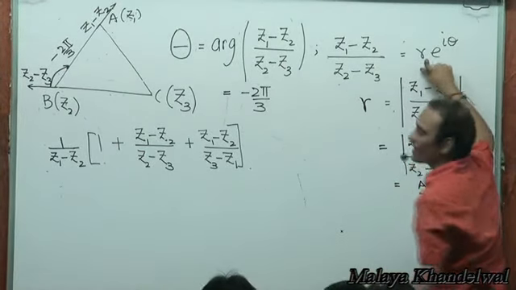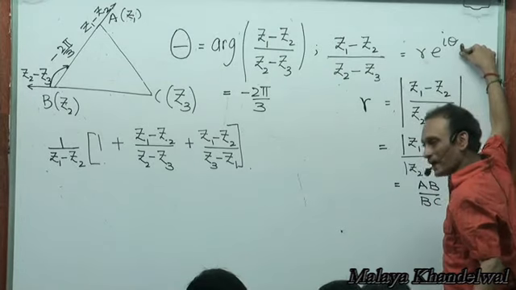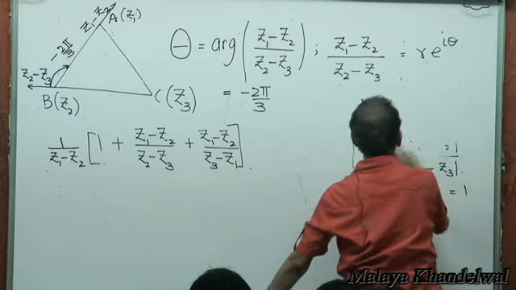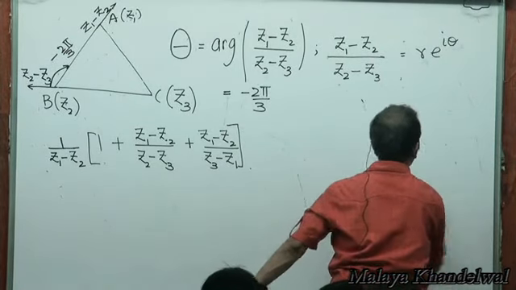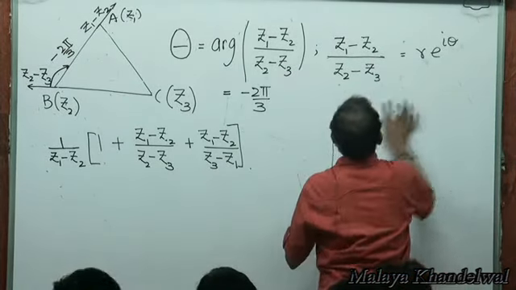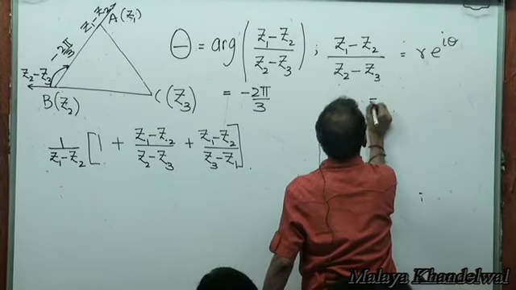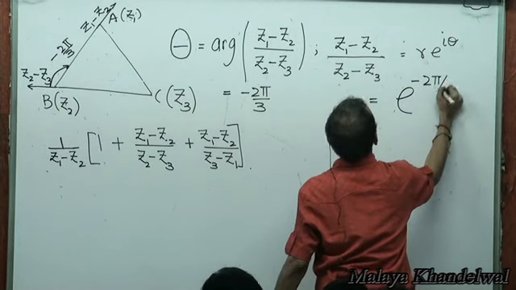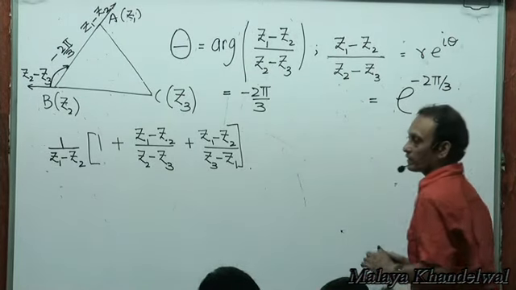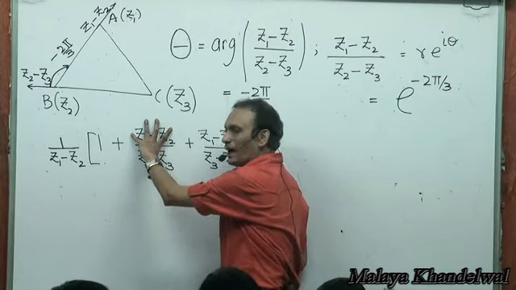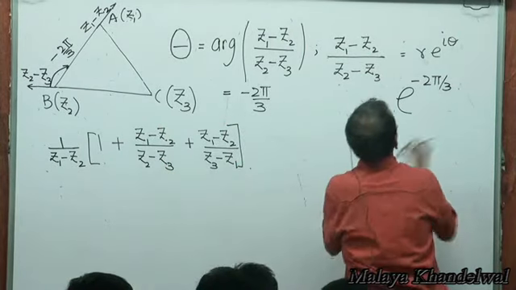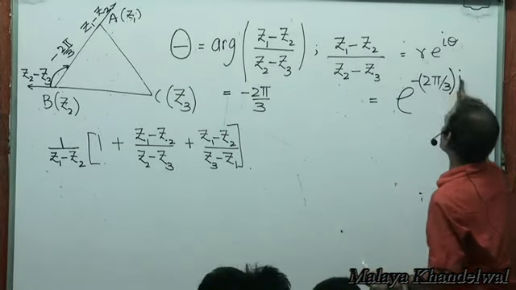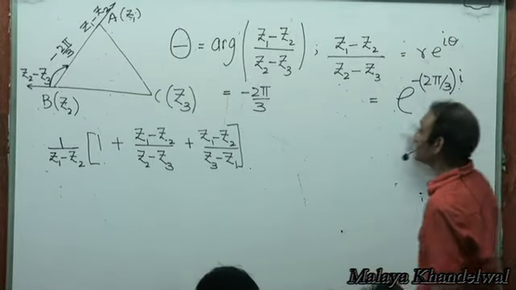Which means r is 1, theta is minus 2 pi by 3. So this becomes 1 e power minus i 2 pi by 3. E power minus i 2 pi by 3 is this vector, right?